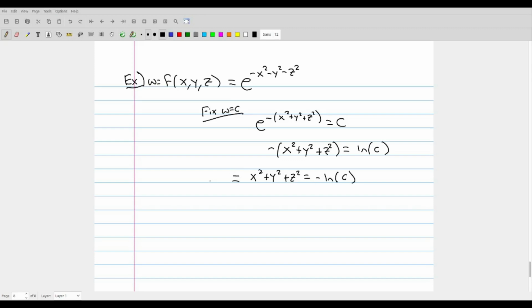If you remember that x squared plus y squared plus z squared is rho squared, or the distance from the origin squared, that means that the level surfaces for this function of three variables are going to be spheres of radius rho, all given by the square root of negative natural log of c, where it exists.